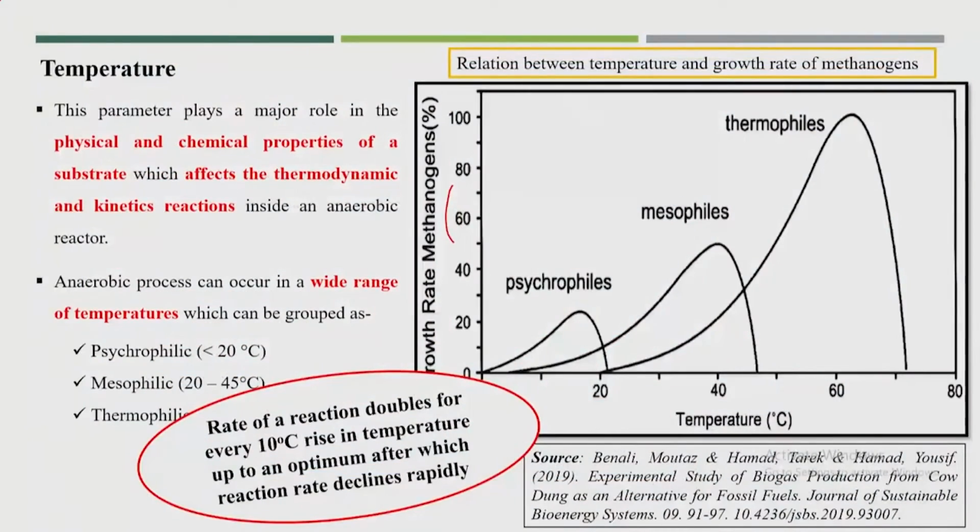The rate of reaction doubles for every 10 degree centigrade rise in temperature up to an optimum, after which the reaction rate declines rapidly.